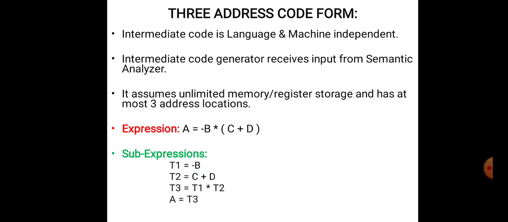So writing an expression in 3 address form using sub expressions is presented here. Remember this 3 address code form, which we have written in 4 lines, because it will help in tracing the program.